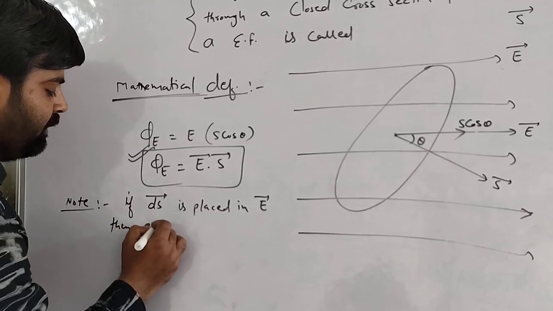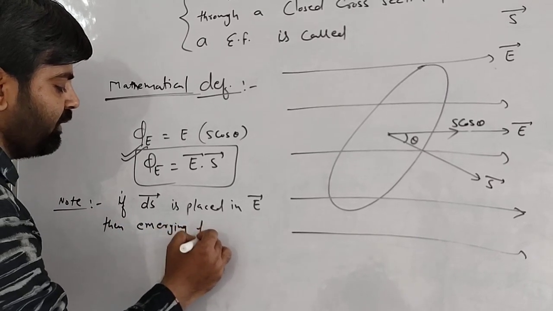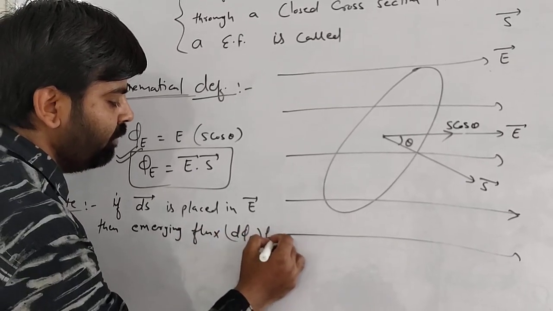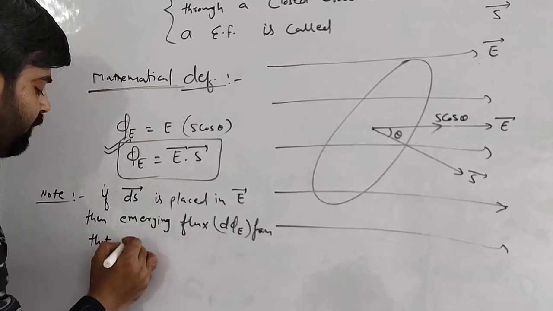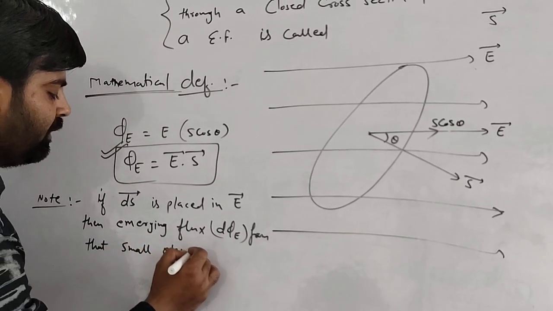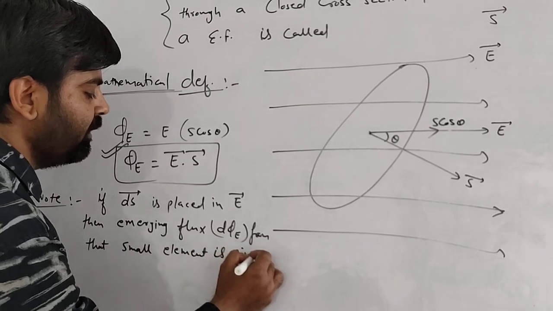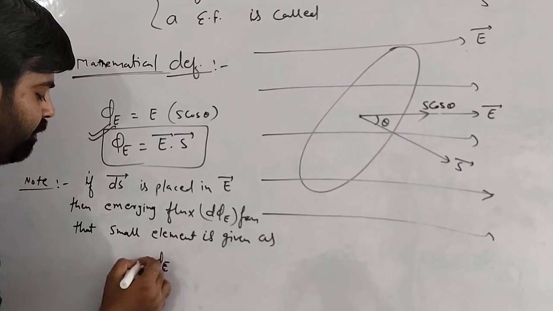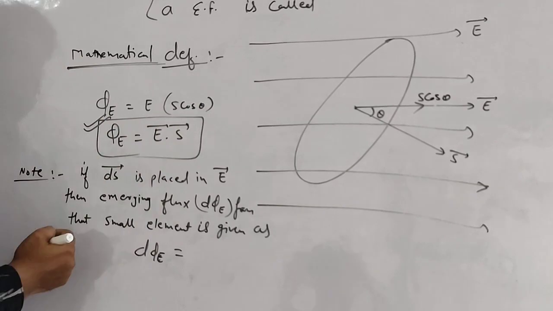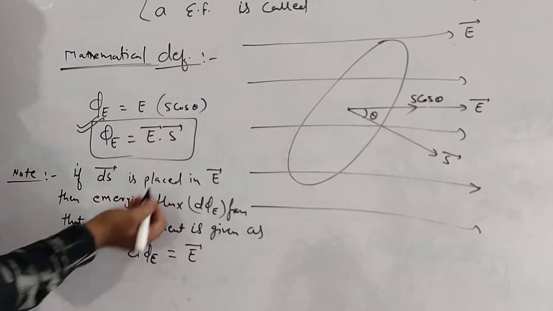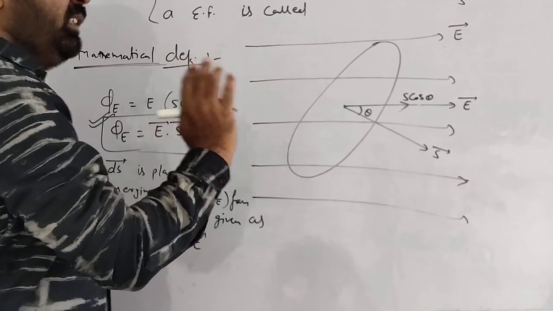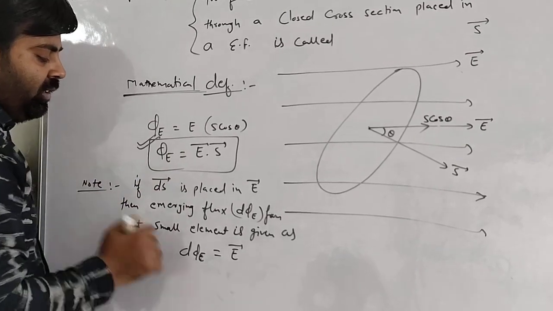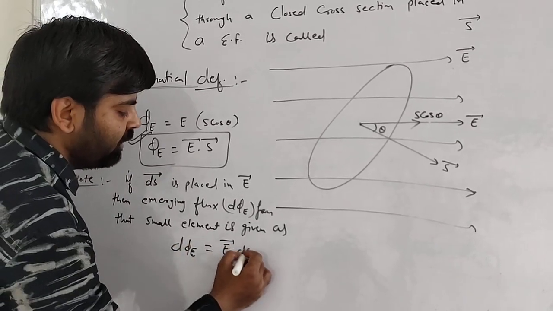The emerging flux d phi e from that small element is given by the same formula, E dot ds, but here the area is not the whole cross section, only the small element ds. So d phi e is equal to E vector dot ds vector.